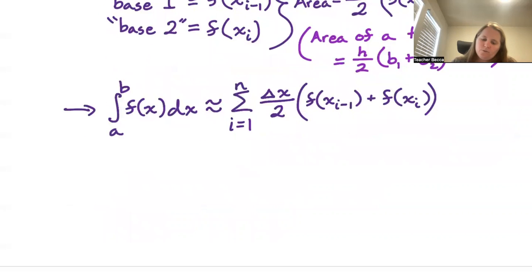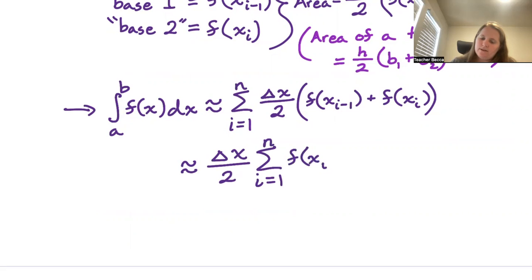We can, of course, pull that delta x over 2 out since it has no i's involved. Then we're multiplying by the sum from I equals 1 to n of f of xi minus 1 plus f of xi.